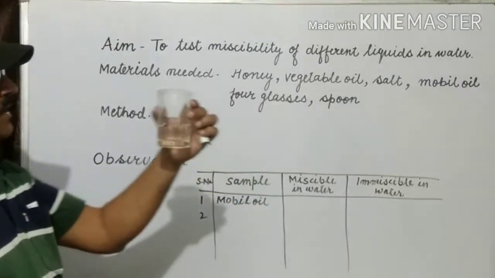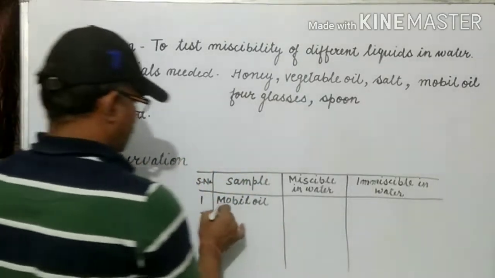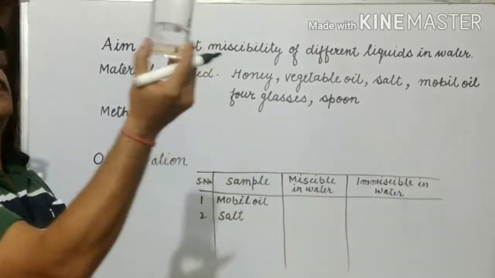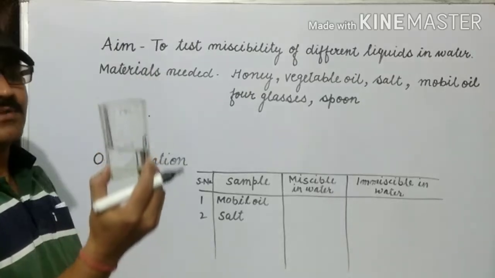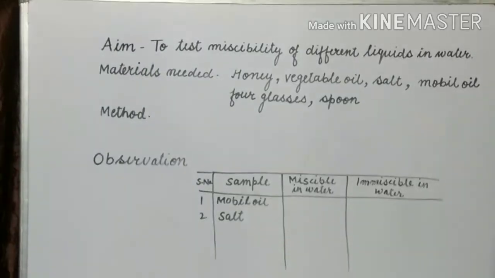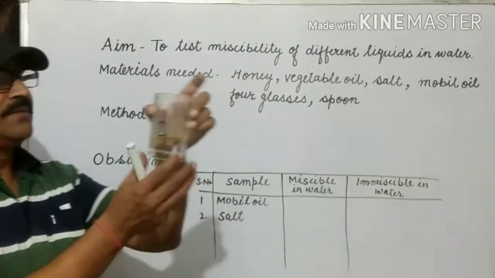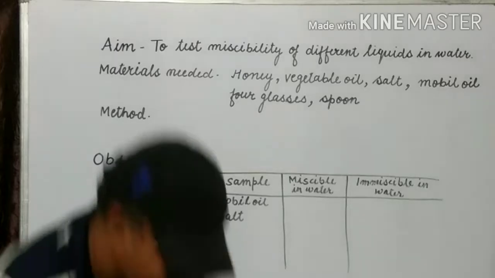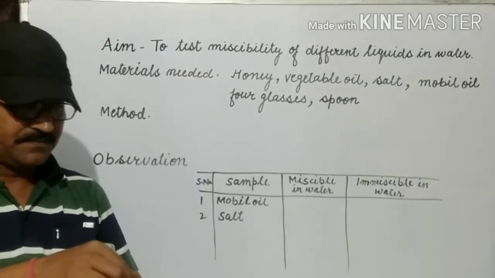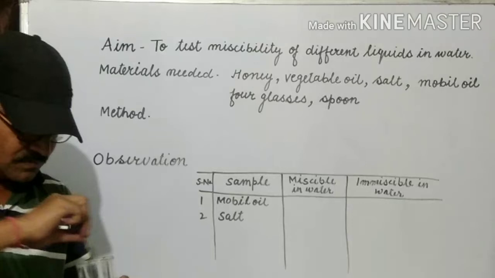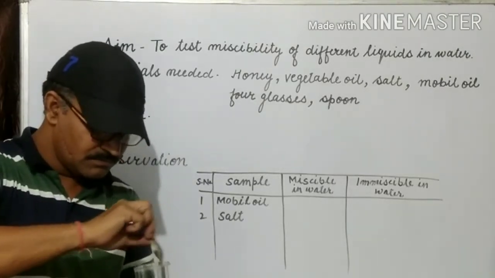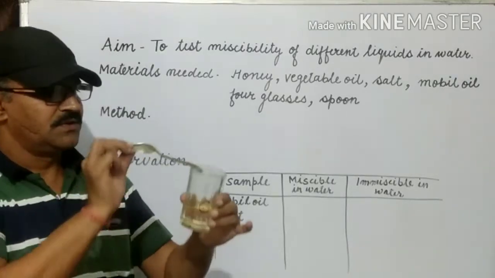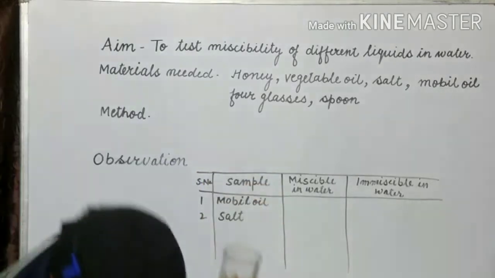In B part we have taken salt. What is the condition of salt? I think it is mixed properly. Now you see we have taken the C part. C part we have taken vegetable oil.